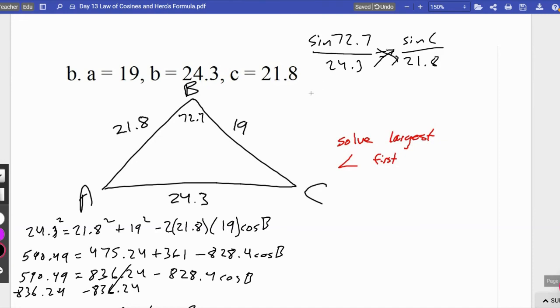You get 24.3 sine of C is 21.8 sine 72.7. We're going to get eventually C is equal to, I'll divide by 24.3 here, and then inverse sine. So inverse sine of 21.8 times sine 72.7, divided by 24.3. And I get 58.9 degrees.